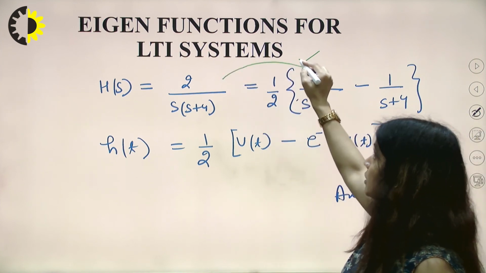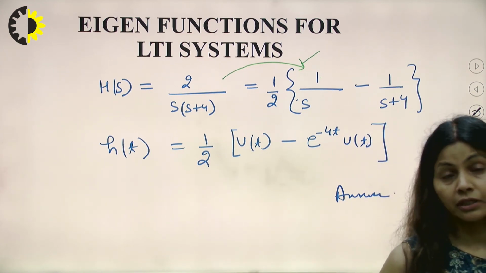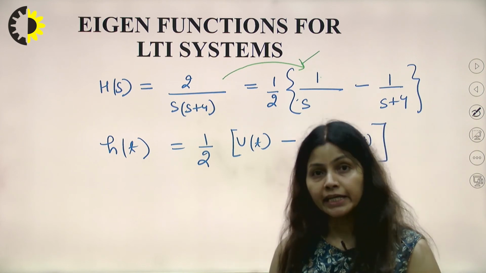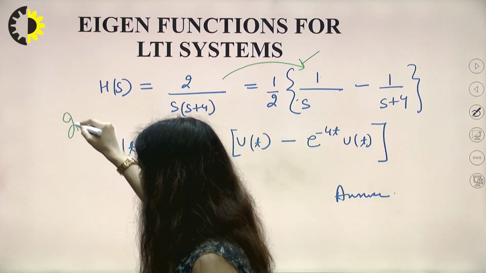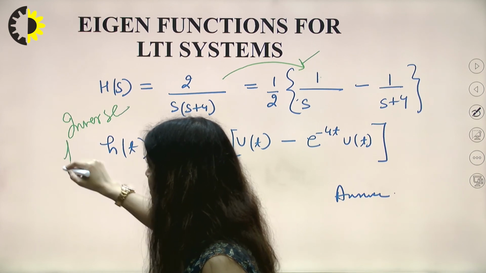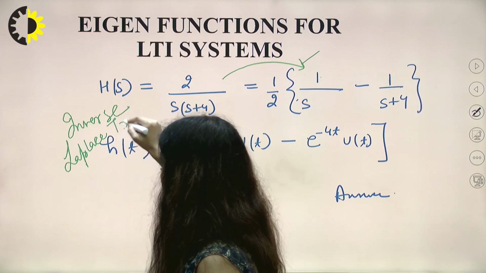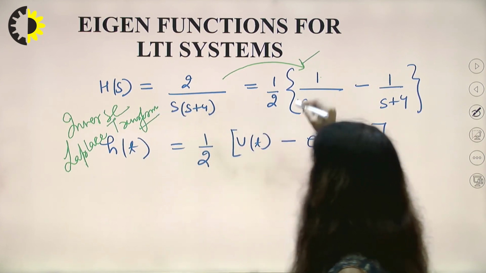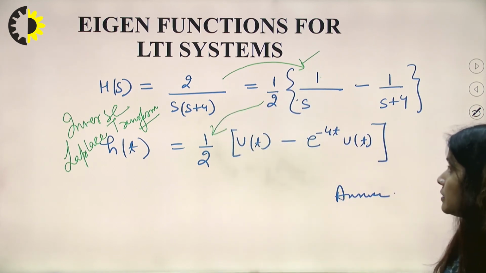So after finding the partial fraction, I will calculate the impulse response by taking the inverse Laplace transform. Here I am applying the formula for the inverse Laplace transform. So 1 upon 2 will be the same.